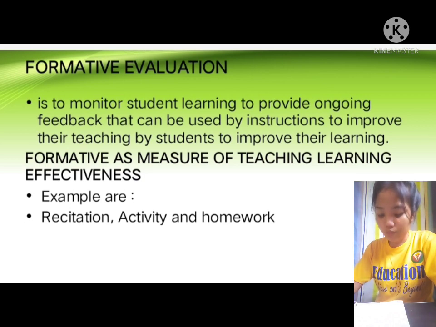Your teacher will ask your opinion about a topic, and then you will be asked to say something about the topic or to give an example related to the discussions of your teacher. It is an example of formative evaluation because your teacher is trying to know if you understood the lesson or the discussions.